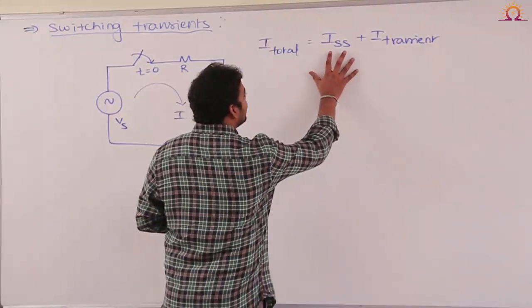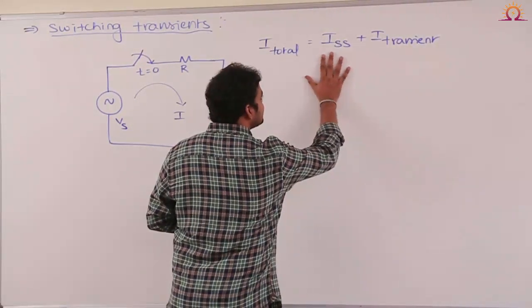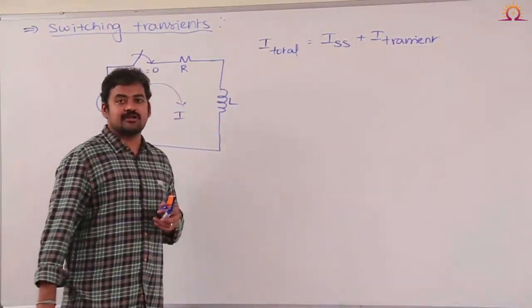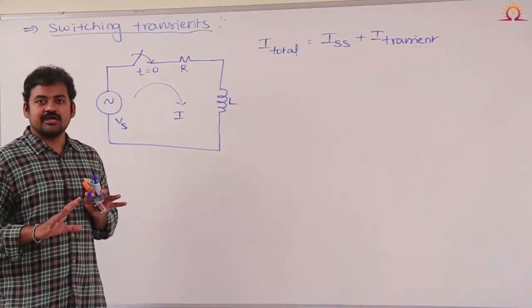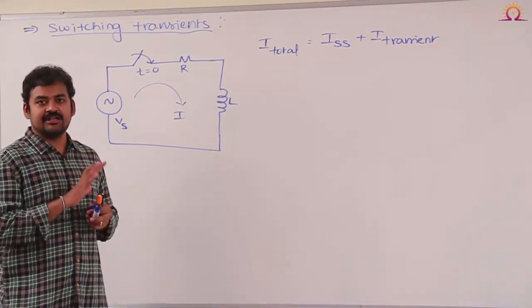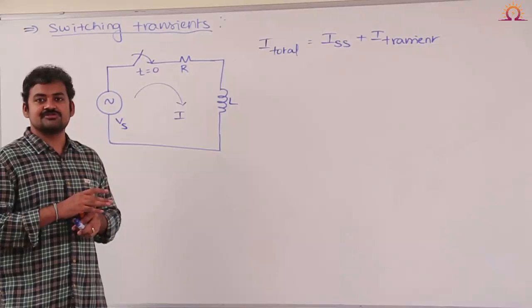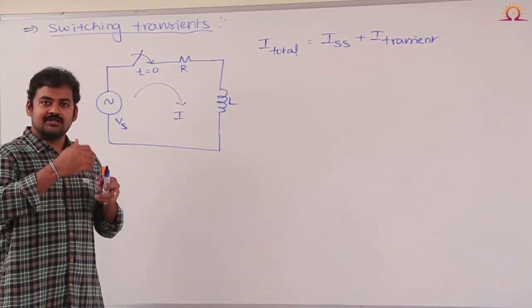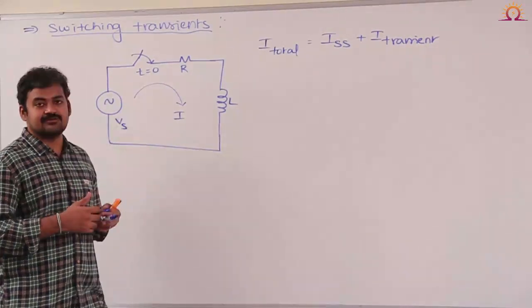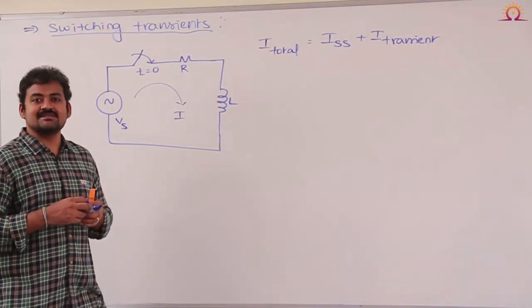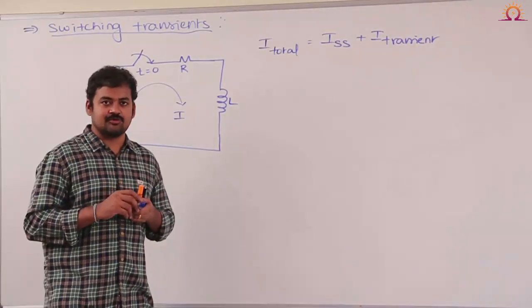Now tell me what are the basic expressions for the steady state component and the transient component. I am writing them directly; you will study this in more detail in network theory. Natural response, forced response. Using a differential equation, since it's a first order circuit, you can find the transient component as well as the steady state component.